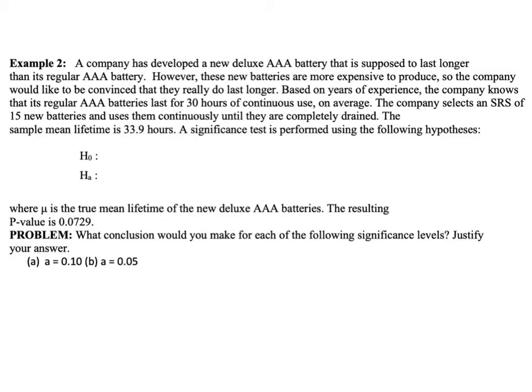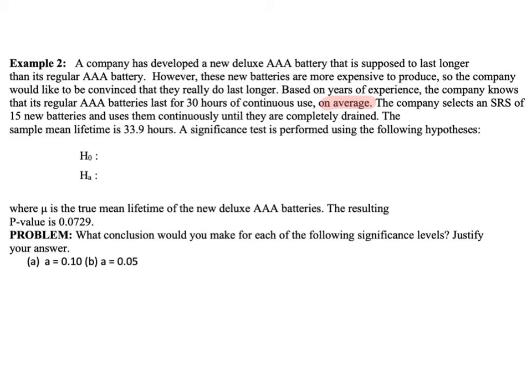Based on years of experience, the company knows that its regular AAA batteries last for 30 hours of continuous use on average. On average is signaling to me that we've got a question about means. The company selects an SRS of 15 new batteries and uses them continuously until they are completely drained. The sample mean lifetime is 33.9 hours. A significance test is performed using the following hypotheses.